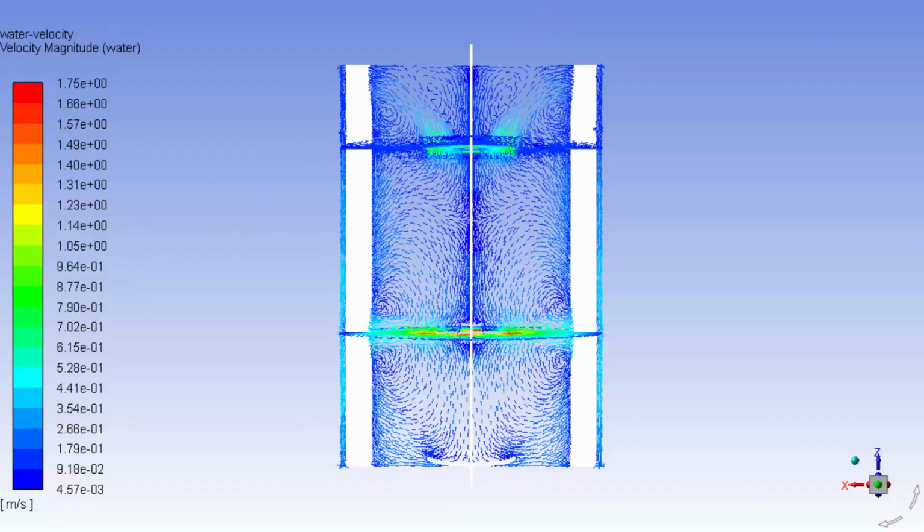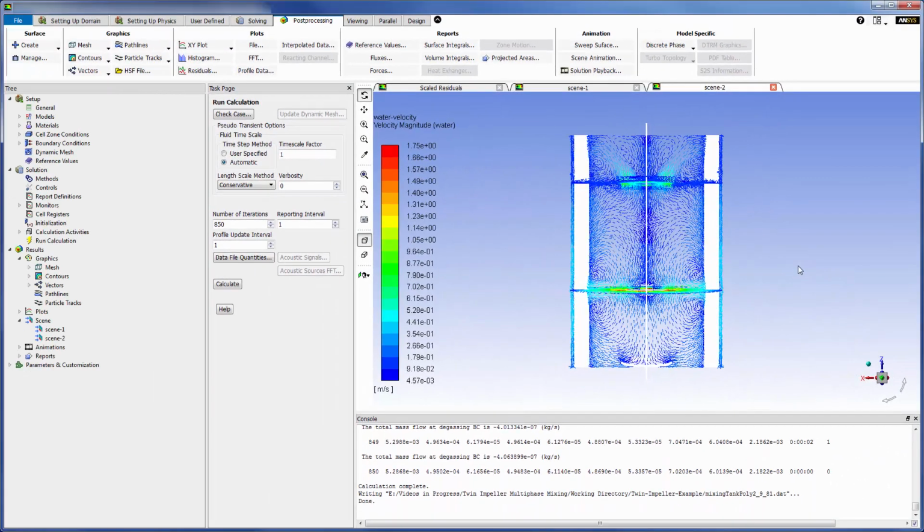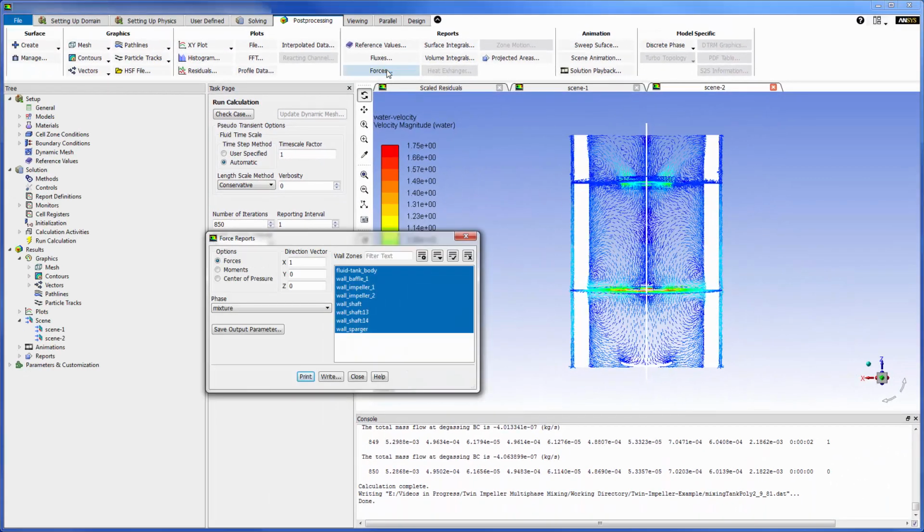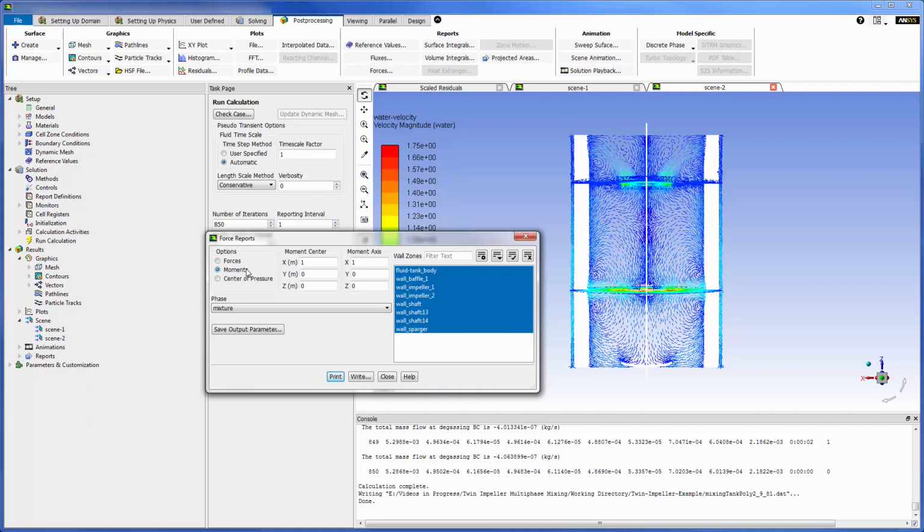Here I have plotted a velocity vector map showing the movement of the water phase throughout the reactor. I can clearly see how the water circulates throughout the tank. Notice that the water forms a closed loop since it cannot escape the tank. Now I can calculate the torque about the shaft for the Rushton blade turbine. In this case, the impeller is rotating counterclockwise about the shaft, which lies on the z-axis, so I will set the moment axis to -z and compute the torque.